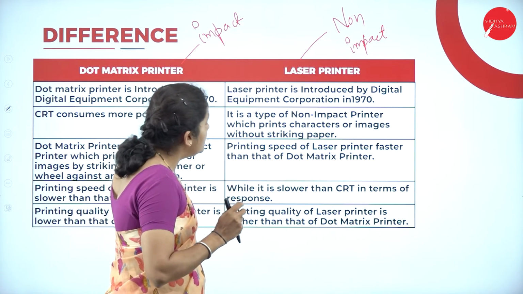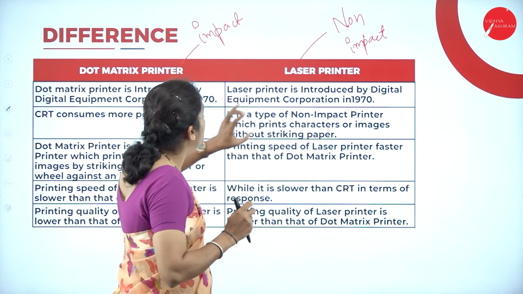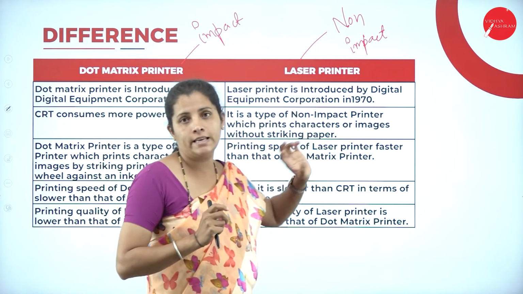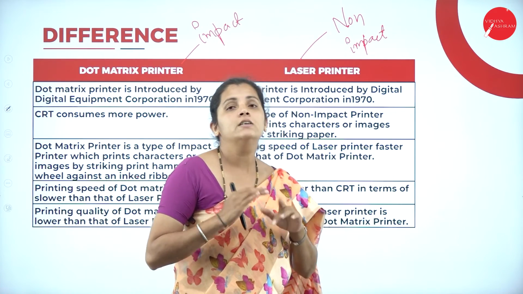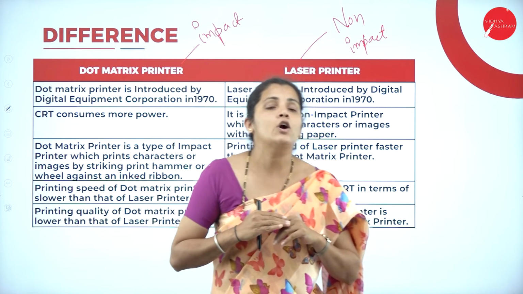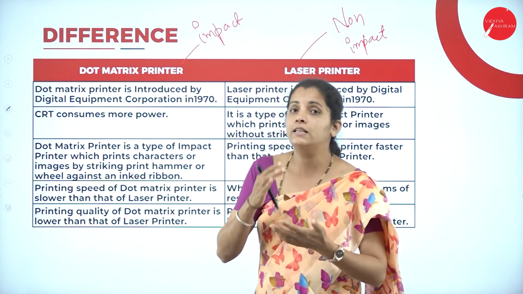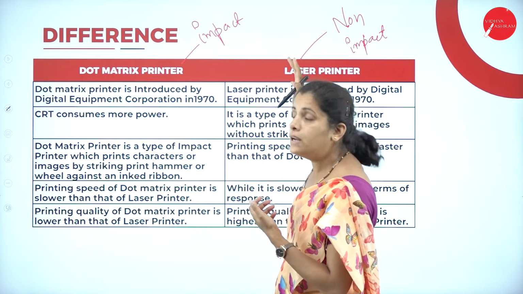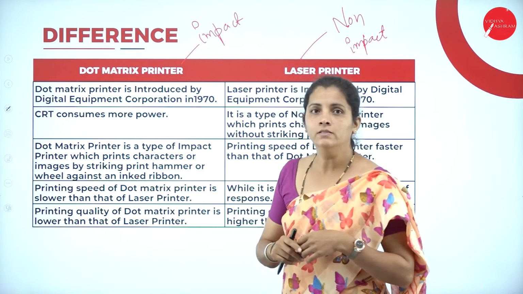Whereas the non-impact printer prints characters or images without striking the paper. That means there is no physical contact or interaction between ribbon and paper.